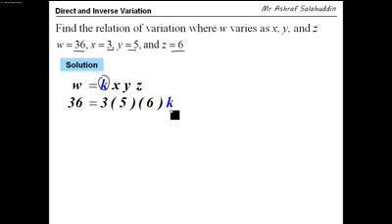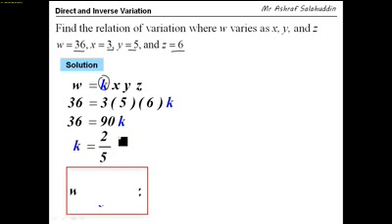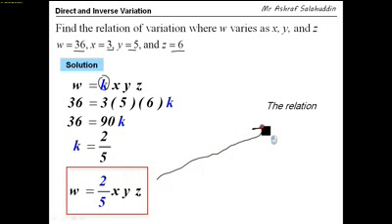We multiply 3, 5, and 6, so 36 equals 90k. Divide by 90 on both sides, so k equals 2 over 5. And the relation will be w equals 2 over 5 xyz. This is the relation that we had to find.